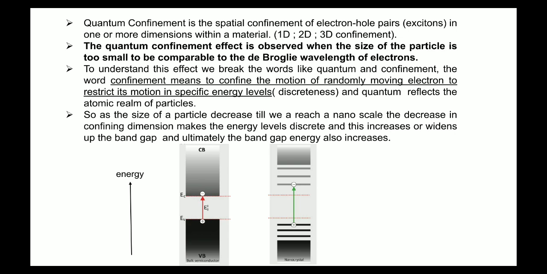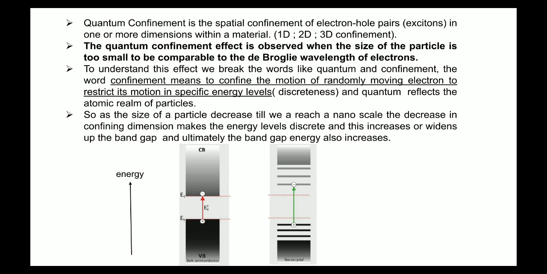Quantum represents that the size is very small, where quantum physics starts to be involved. So let us try to understand what this discreteness is. See the figure given below.